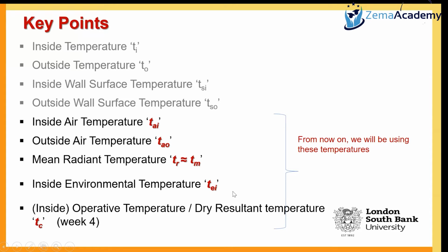I hope this is now clear: from now on, if you are going to calculate any heat losses or heat gains within the space, we will be talking in terms of inside air temperature, outside air temperature, mean radiant temperature, inside environmental temperature, and operative temperature, which is also called dry resultant temperature.